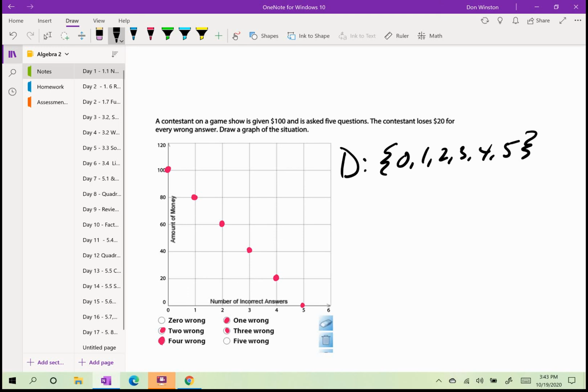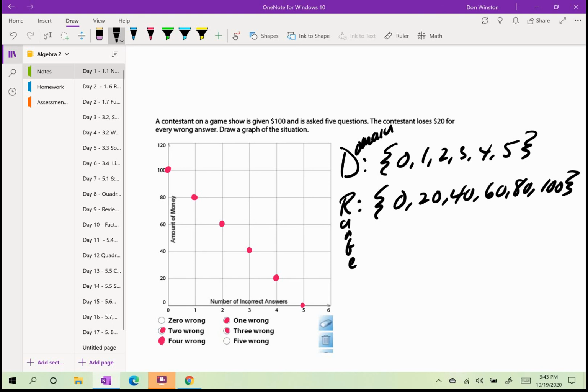And then the range, well, you could go anywhere from $0 by multiples of 20. So 0, 20, 40, 60, 80, and 100, meaning you didn't answer any wrong. So this would be the domain, and this would be the range. That's how you would answer those types of questions.